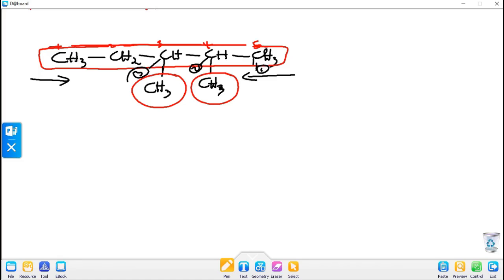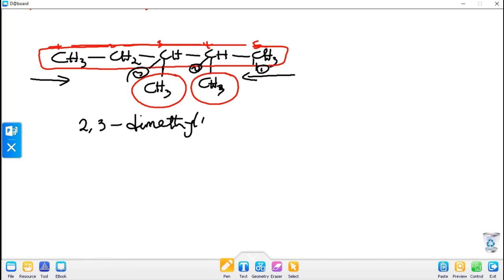So when we follow the right-hand side, the first CH3 will fall under carbon 2, and the second falls under carbon 3. So what will be the name of that compound? The name of that compound is going to be 2,3-dimethyl.